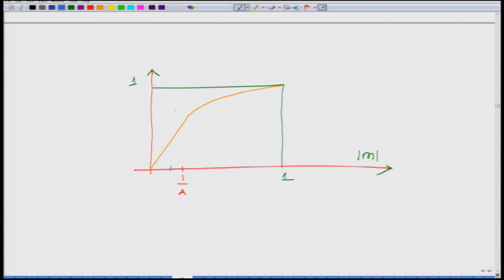When magnitude m equals 1 over A, the output is 1 over 1 plus log A, therefore this point comes down.